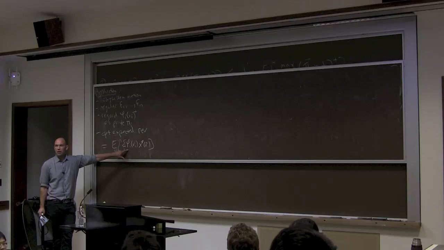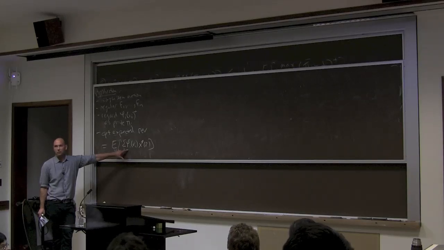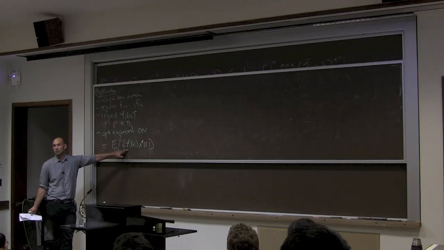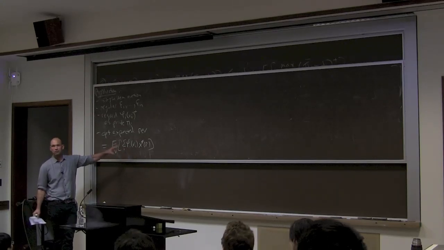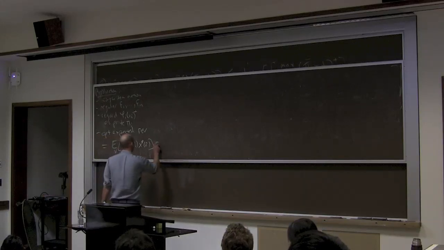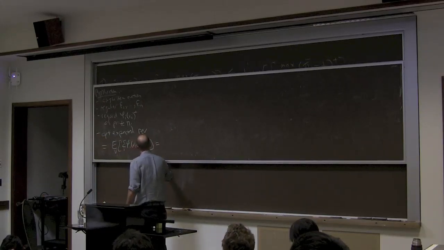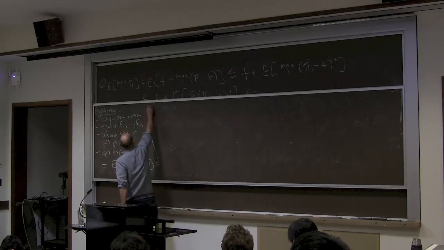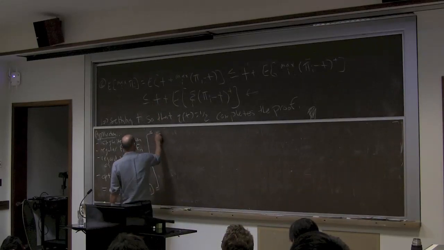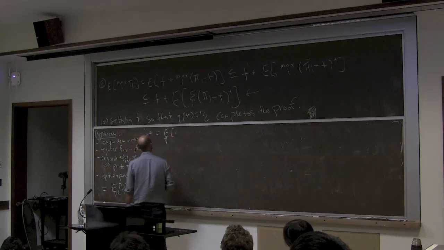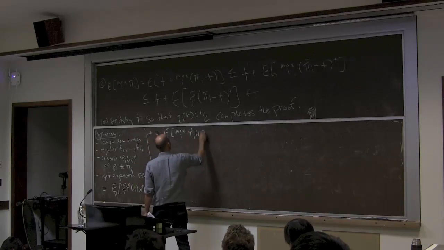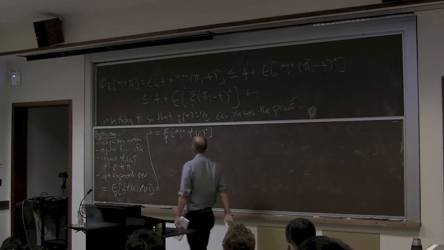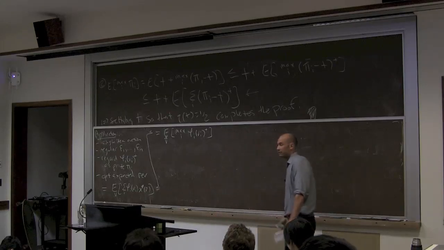It's just either the highest virtual value, or if everything's negative, it's going to be 0. That is, for the optimal auction, the virtual surplus, equivalently the revenue, we can write as the expected value of the maximum virtual value, or 0 if they're all negative.